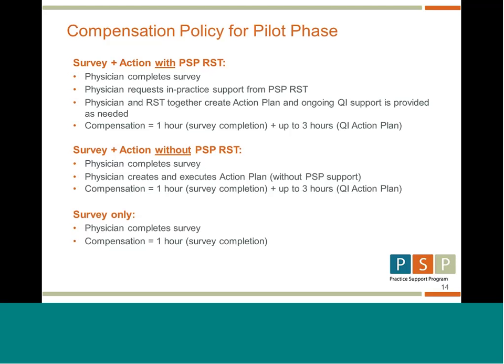The important piece, particularly for you guys, is that the trigger is survey completion and submission of the action plan. So we can do 2 separate sessional forms because there's not necessarily any guarantee that someone will do the QI.